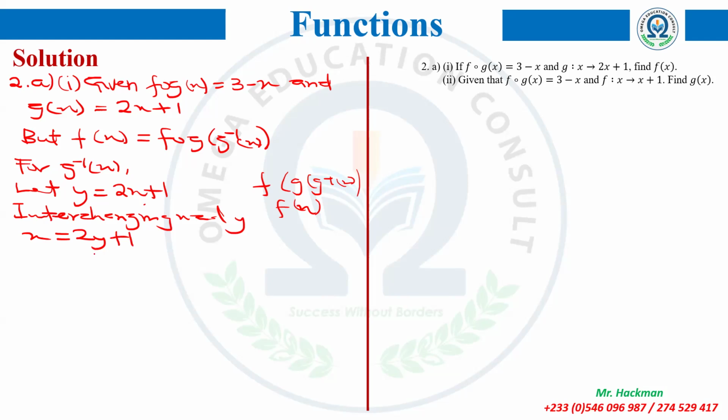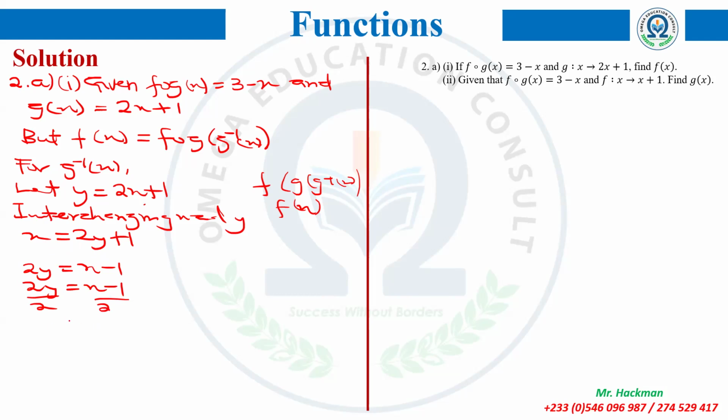I'm making y the subject from here. The y term here is positive, so I'm maintaining it here. I will move this 1, which gives me x minus 1. I write it again before I divide, so 2y equals x minus 1, over 2.